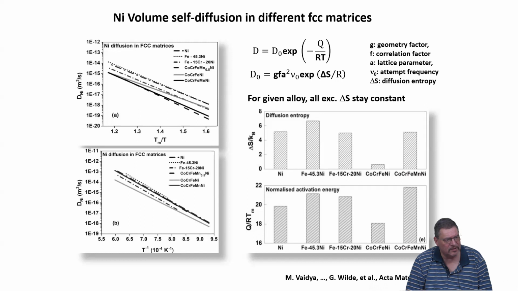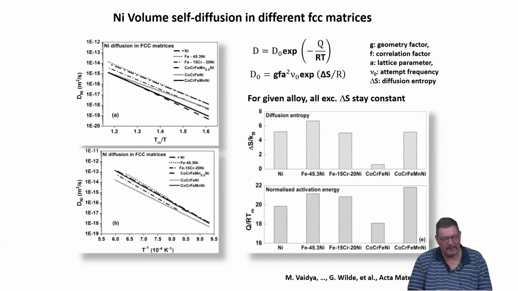Yeah, what's your feeling? Would you write a paper on sluggish diffusion in high entropy systems based on these results? I would not recommend it because maybe the reviewers would shoot you down. So you see, it's all relative, right?